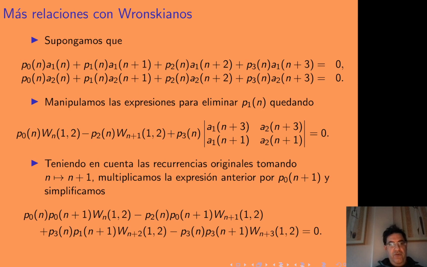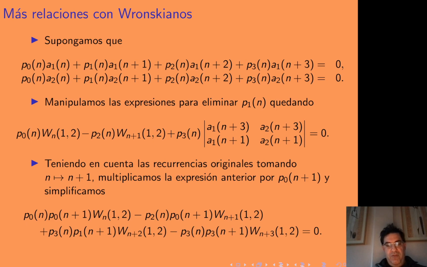If you multiply everything by p0 n plus 1, then p0 a1 n plus 1 is a1 n plus 2 here, then a sub 1 n plus 3, so then they cancel each other, and then a sub 1 n plus 4.